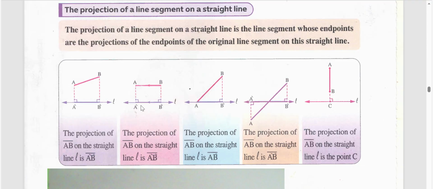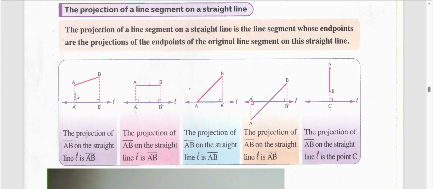Since AB is parallel to L, A dash B dash equals AB. Here AB will not be parallel, so the length of A dash B dash is less than AB.